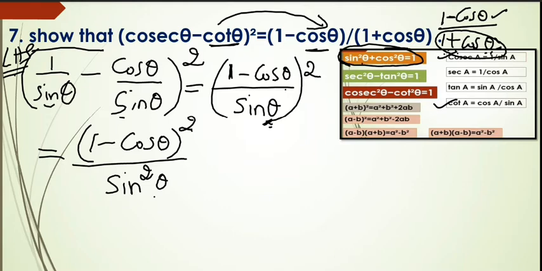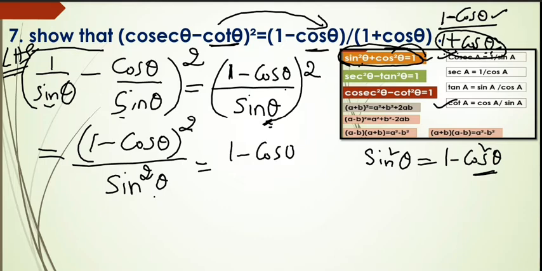Observe this: sin square theta can be written as, move this cos square theta to the right side, then we can write 1 minus cos square theta. That means this sin square theta can be written with numerator 1 minus cos theta whole square as it is, and denominator 1 minus cos square theta.